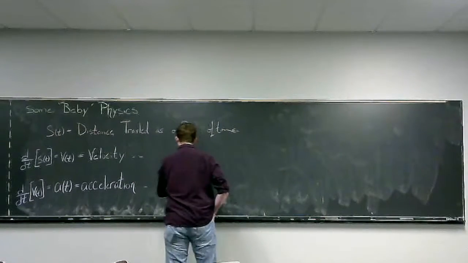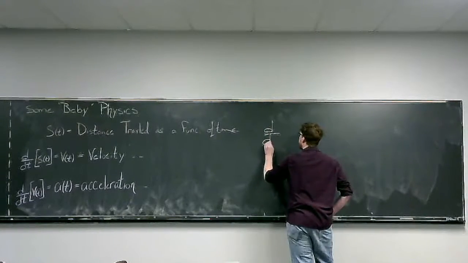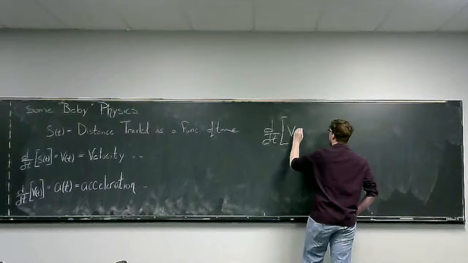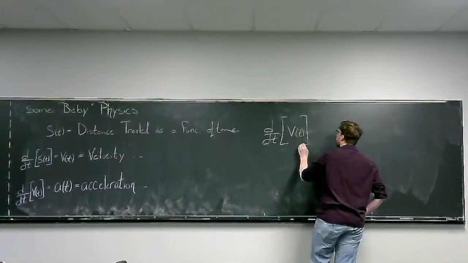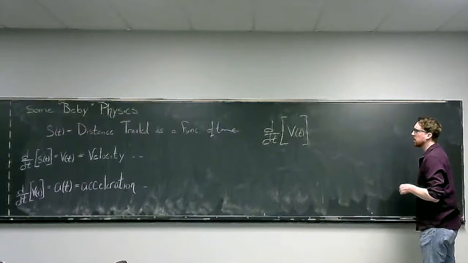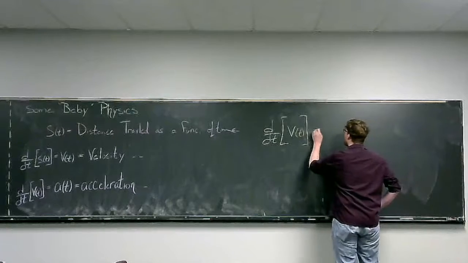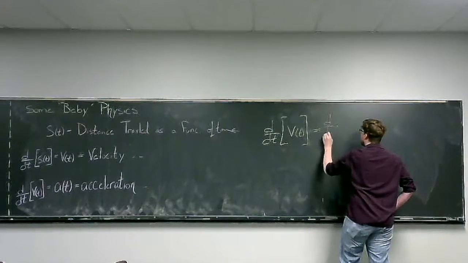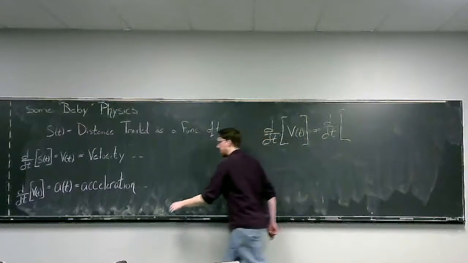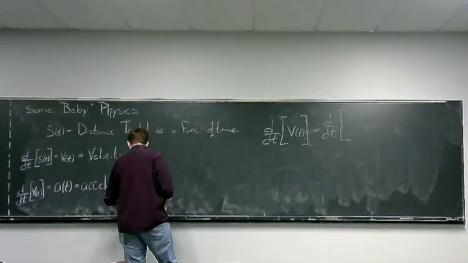This acceleration, we just said, is equal to d dt of v of t, right? So velocity with respect to time. But velocity is a derivative of position with respect to time. So this is actually more like d dt of, let me find another color, so that it's going to be easy to distinguish between.